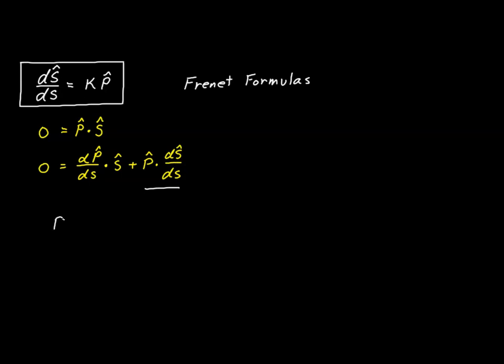So this becomes p hat dotted with kappa p hat, which of course can look like this, kappa times the dot product of p hat with itself, and being a unit vector, that means that this term is just 1. Therefore, this is equal to our curvature, kappa.